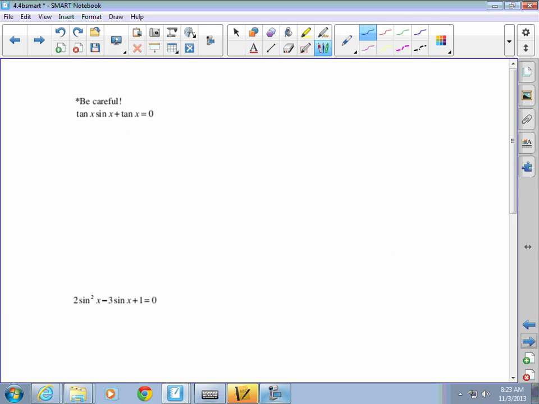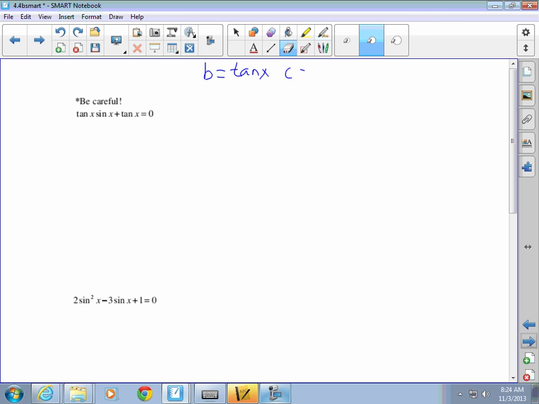Okay, so this next one, I have to be a little careful, and you'll see as we're solving it why that is. So it says tan x sine x plus tan x equals 0. So I'm going to let R, no, I shouldn't use R because that's a ratio, or that's our hypotenuse. Use B. B is equal to tangent x. Well, let's see.